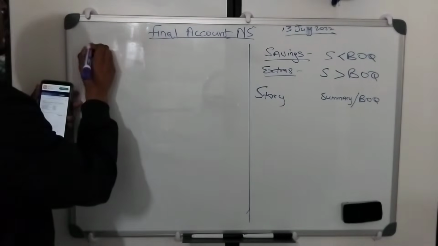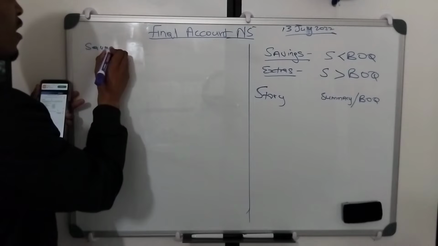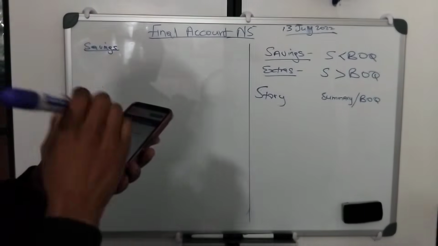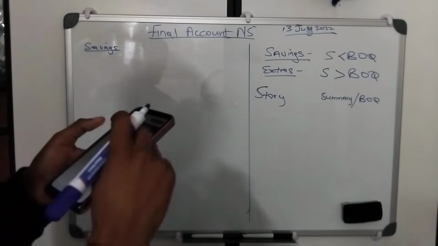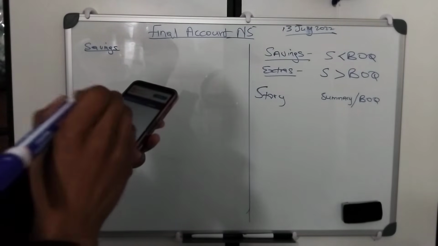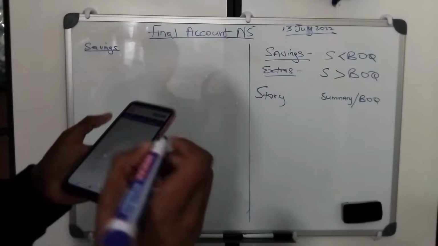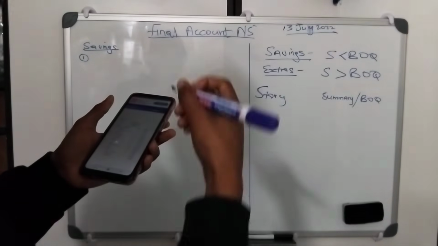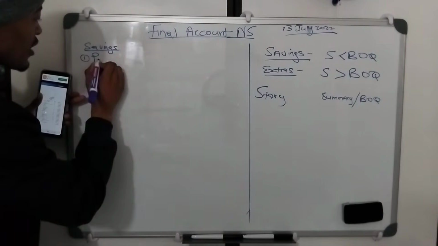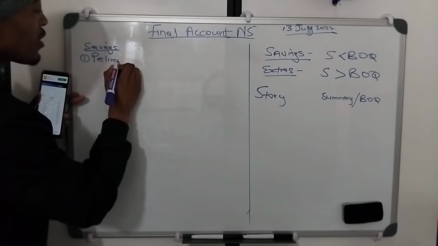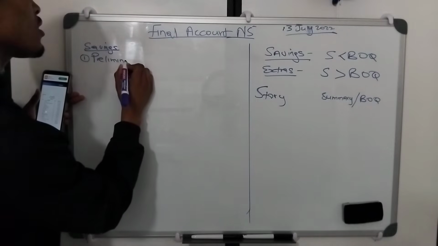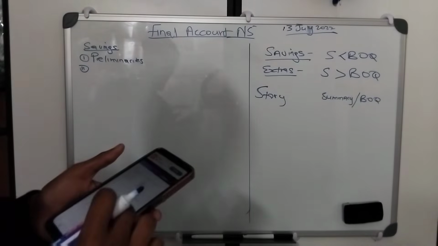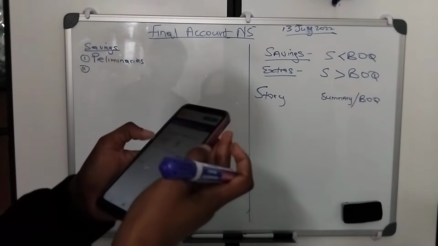Now we start with our savings. We check preliminaries. On the story it's 120,450 and on the BOQ it's 130,230. The BOQ is bigger than the story, so preliminaries is under savings. We go to the second one, adjustments of plastering.